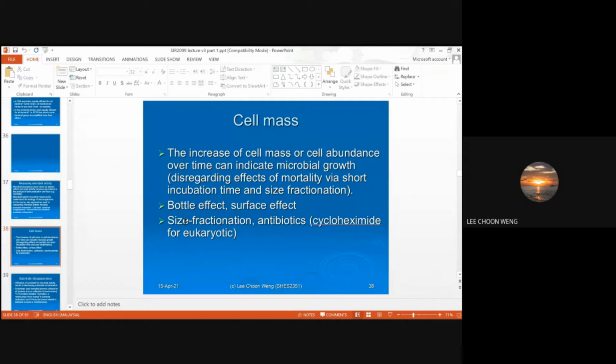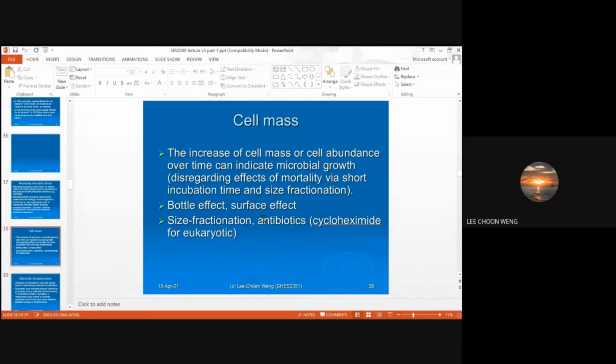There are other effects, for example, bottle effects or surface effects that are mostly minor. Okay, what this is concerning is it seems that the size of the bottle that you use in your incubation actually affects the bacterial growth rate.